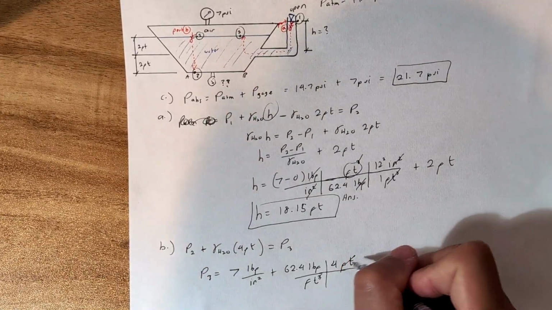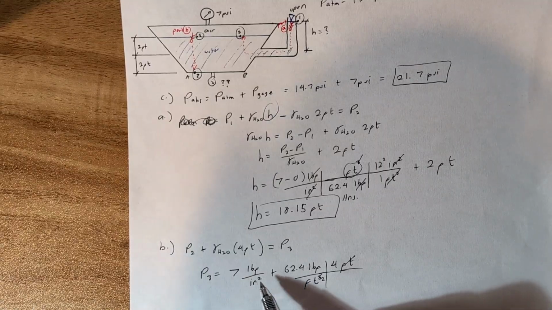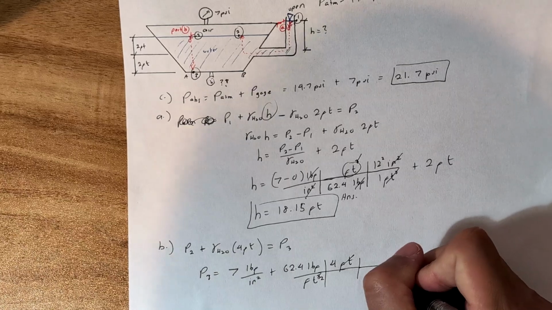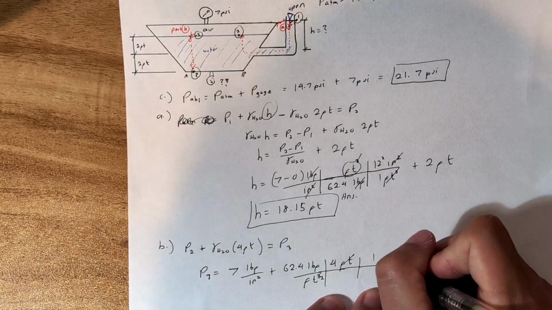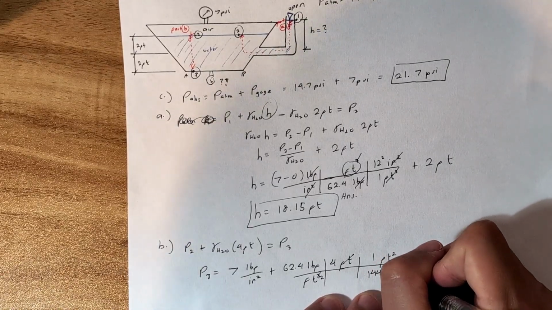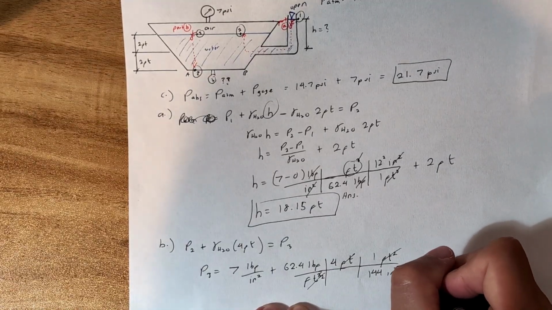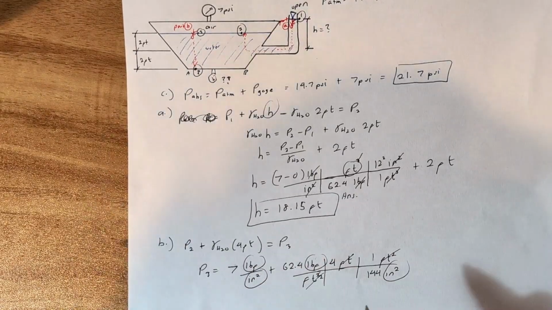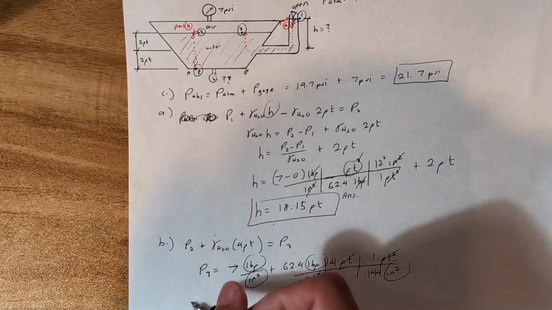You're going to be left with feet squared over here, but you want everything in terms of psi, so you want inch squared in the bottom. And to do that, you're going to need to do the unit conversion. 1 foot squared equals 12 squared, or 144 inch squared. And that will cancel your foot squared. And that leaves us with pound force per inch squared. And now we can do algebra pretty much.